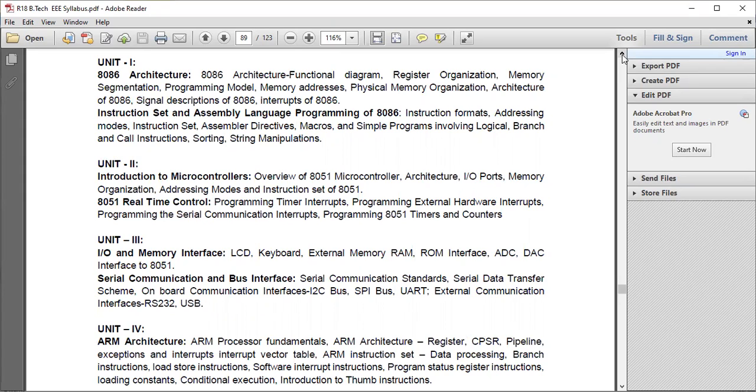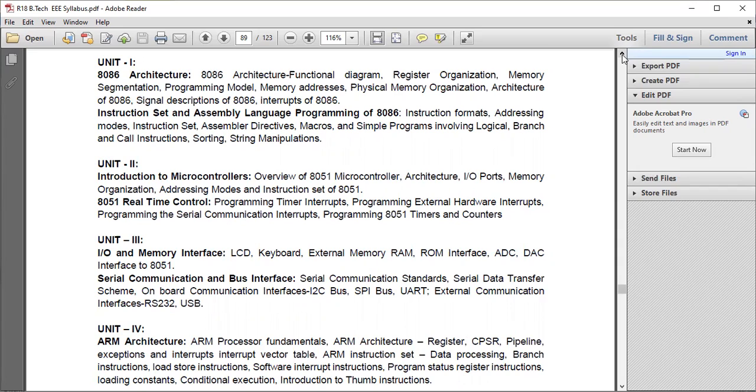Next, unit 2 is completely about microcontrollers. In these microcontrollers, we will use the 8051 microcontroller. In unit 2 first part, we are going to discuss the architecture, addressing modes, pin diagram, and instructions which are present in our 8051 microcontrollers.